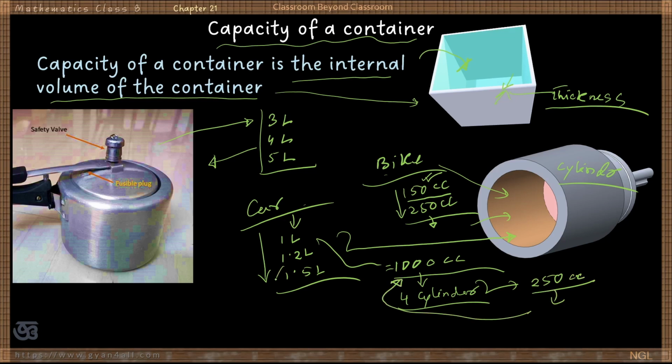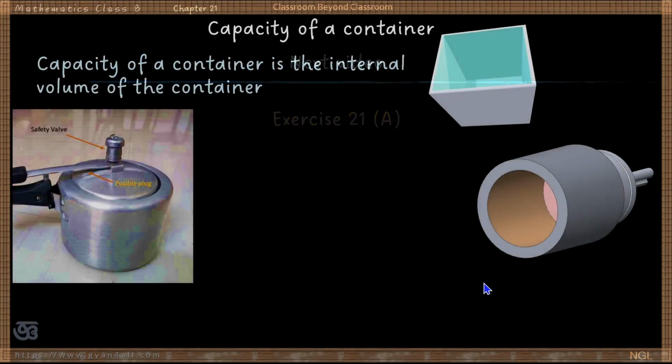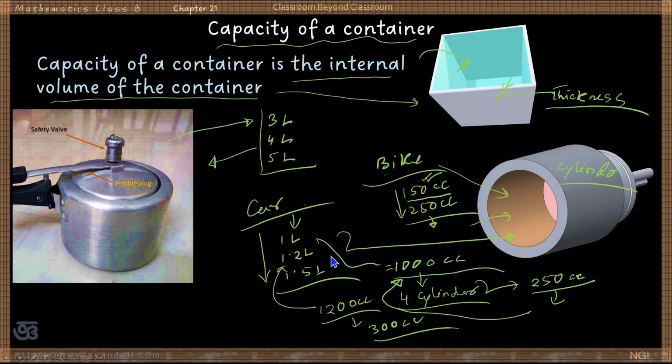So in case of a 1.2 liter or 1200 cc car, the capacity of each cylinder is 300 cc. So this is about the capacity of a container.